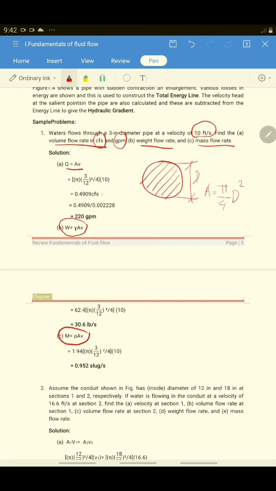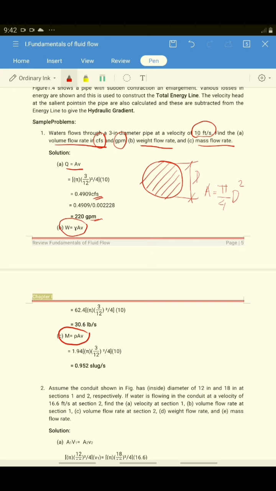And since the problem asks you to get the volume flow rate in cubic feet per second and in gallons per minute, you have to express your answer in cubic feet per second and in gallons per minute.